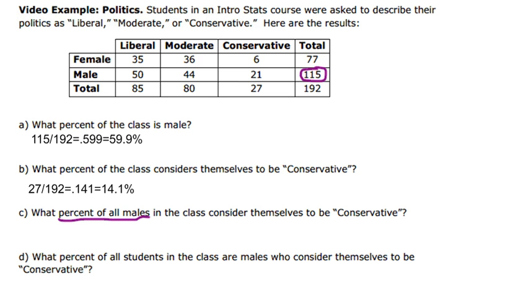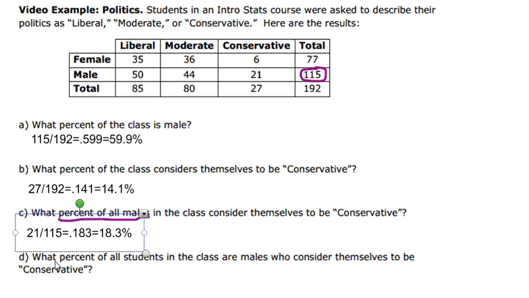So for C, what percent of all males consider themselves to be conservative? Since we're only looking at males, we're looking at this row, and 21 males consider themselves to be conservative. So we're going to do 21 divided by 115. And that gives us 0.183 or 18.3%.